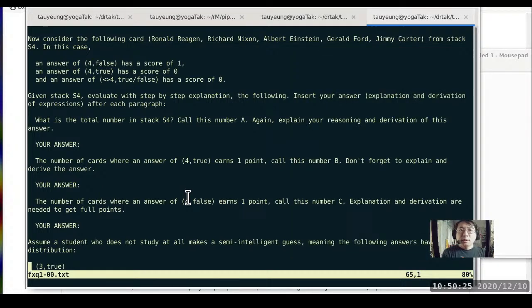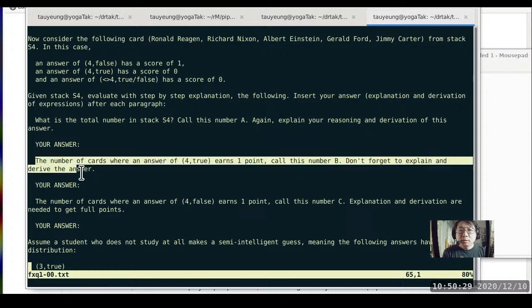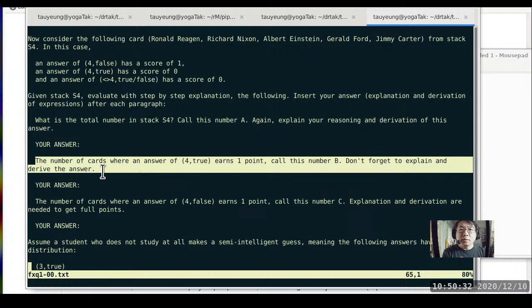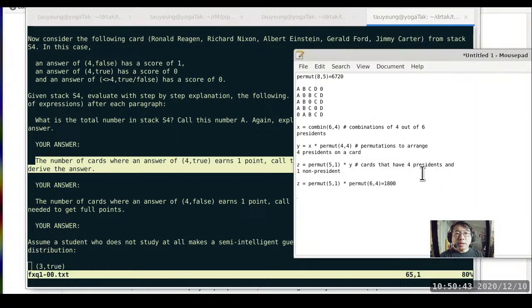All right. So that's the total number, and within that total number, the number of cards where an answer of 4 true earns 1 point. We'll call this number B, and don't forget to explain and derive the answer. So the 1800 that we have derived here includes these cards where an answer of 4 true would earn a point. In other words, now we want to count the number of cards where the ordering of the presidents is correct.